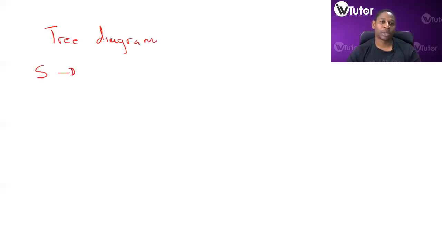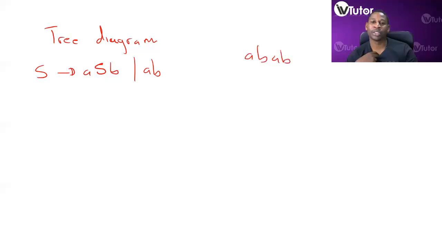Say we've got a production in a CFG, S goes to ASB, or AB. If we wanted to see whether the word AB can be generated by this language, we draw a tree diagram.